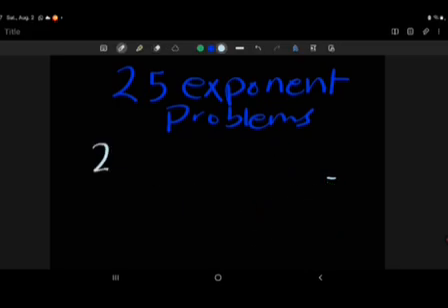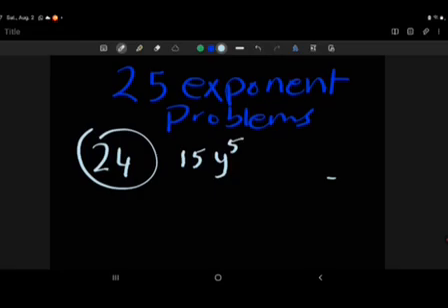Then number 24. If we have 15 y to the 5th power, divided by x to the 4th power and also w to the -5 power. This situation with the negative power at the bottom is similar to what we just saw in problem 23, so I'm going to do the same thing here.